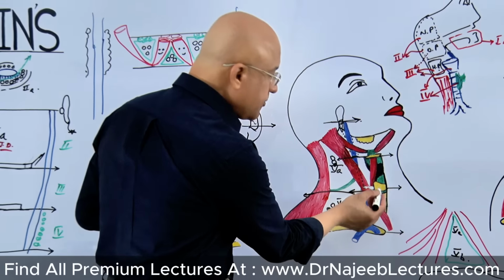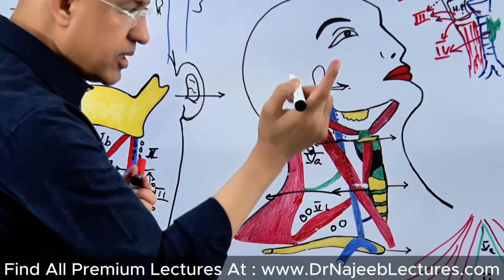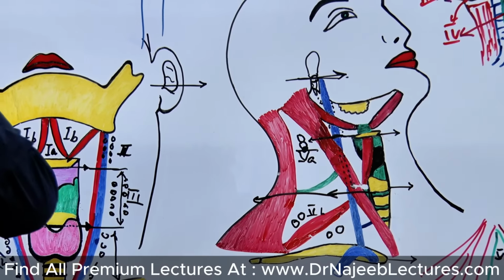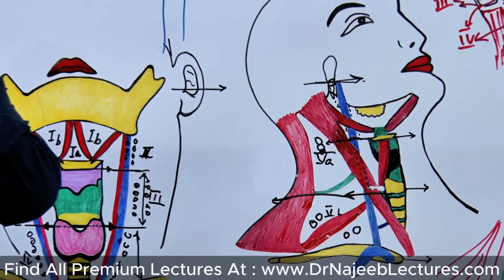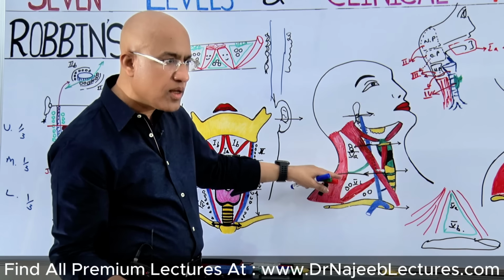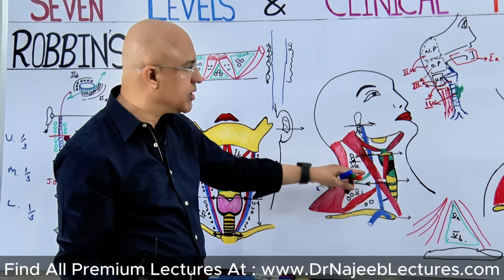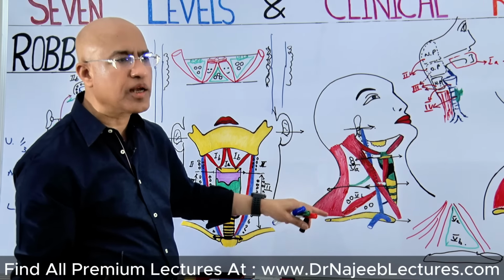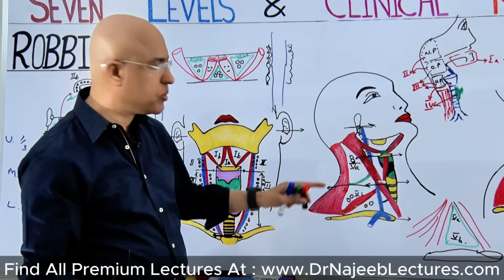If we extend it laterally in our imagination, the cricoid cartilage will divide the posterior triangle into upper and lower parts. Lymph nodes above that, 5A, lymph nodes below that, 5B. This is an anatomical landmark, and during dissection, the spinal accessory nerve can also help to divide 5A and 5B.